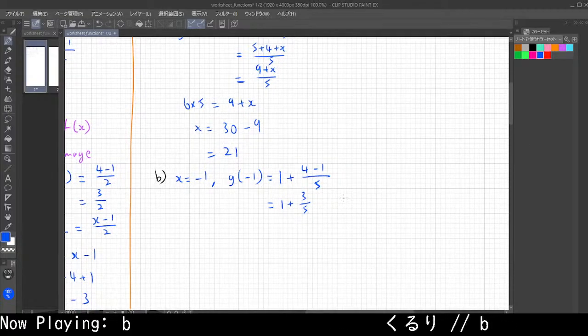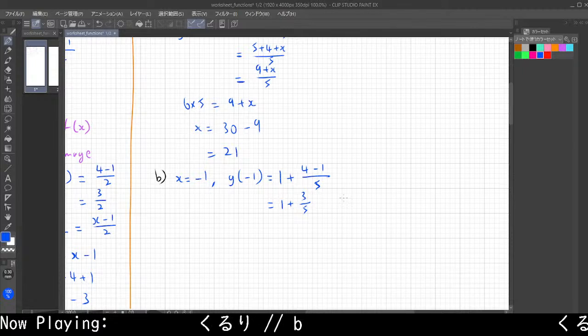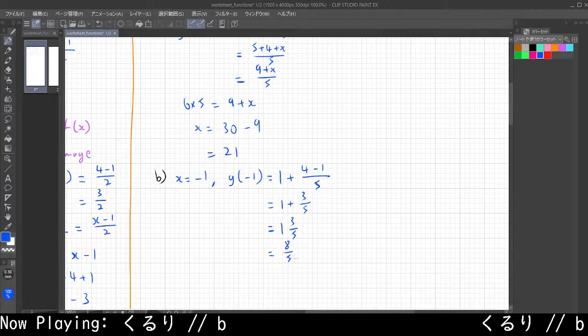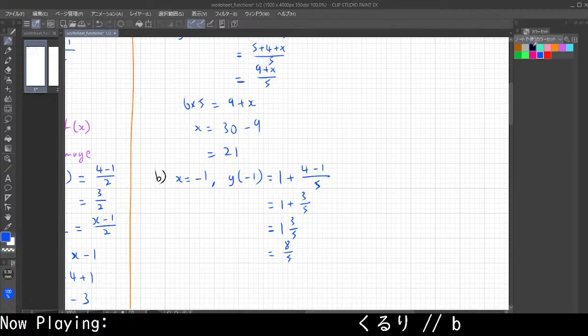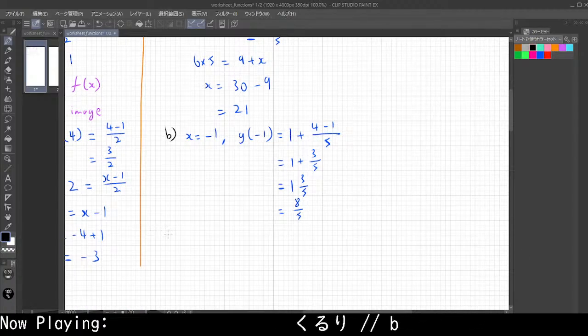You can put this into a calculator. You would get the proper fraction form, which is acceptable. So 1 and 3 over 5. But I myself prefer the improper fraction version, so I would write it as 8 over 5 instead. You can choose which form to use for your answer. Both are correct. Both are the same thing.